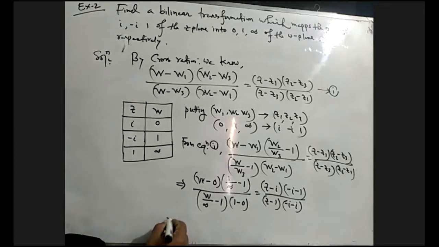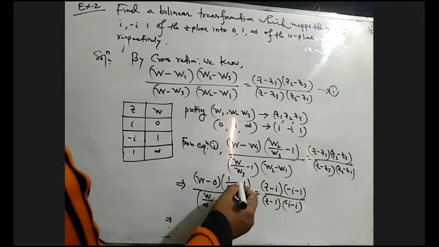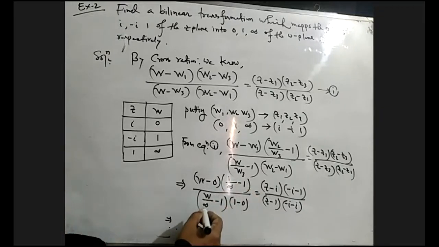So 1 by infinity equals 0, so minus 1 and something by infinity is 0, so these cancel and only W remains.